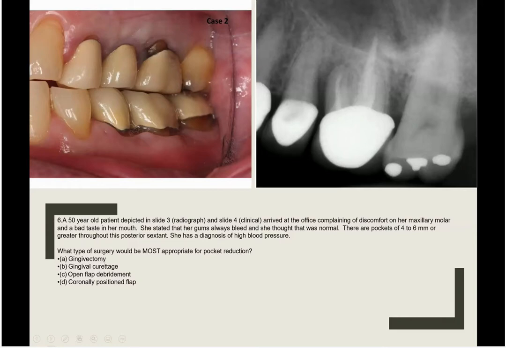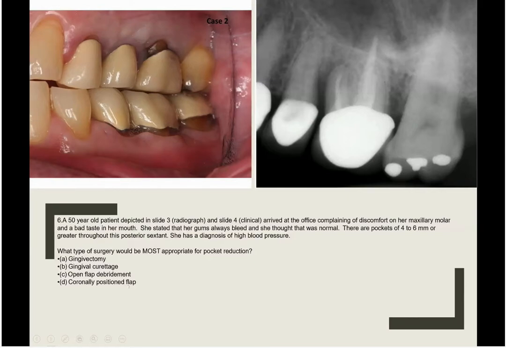So a gingivectomy would not be your first choice, because a gingivectomy can reduce pockets, but it won't give you access to the bone. And we wouldn't select it if there are bony defects. There's also a suggestion of periapical radiolucency here. Then gingival curettage is not considered a definitive pocket reduction procedure, especially when you have thick fibrotic tissue.